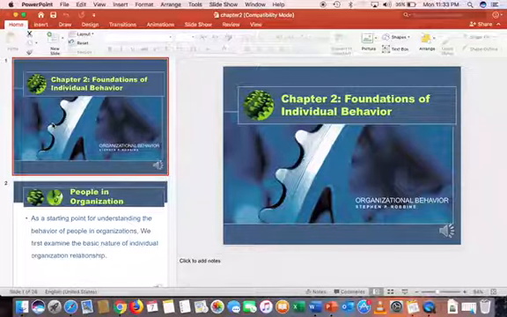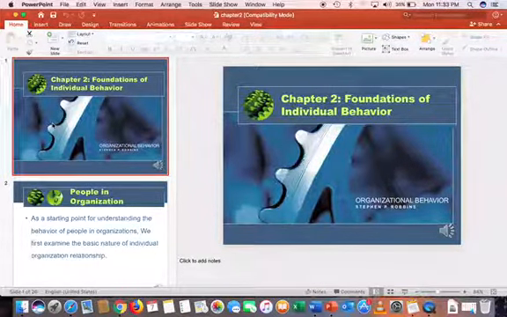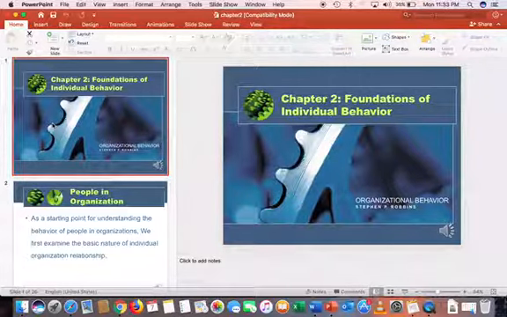First of all, we have to study why individual behavior is important, and how it will help us to know the organization and the behavior of individuals, and why it is important for the organization. We will also be studying some theories of learning and how learning comes in.